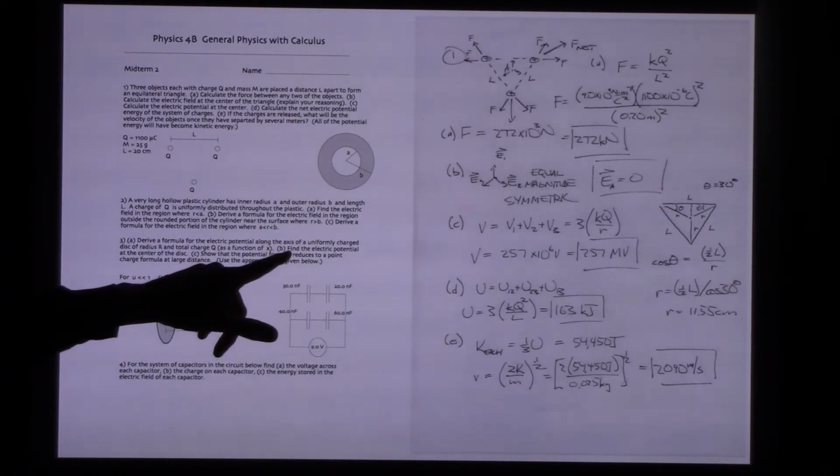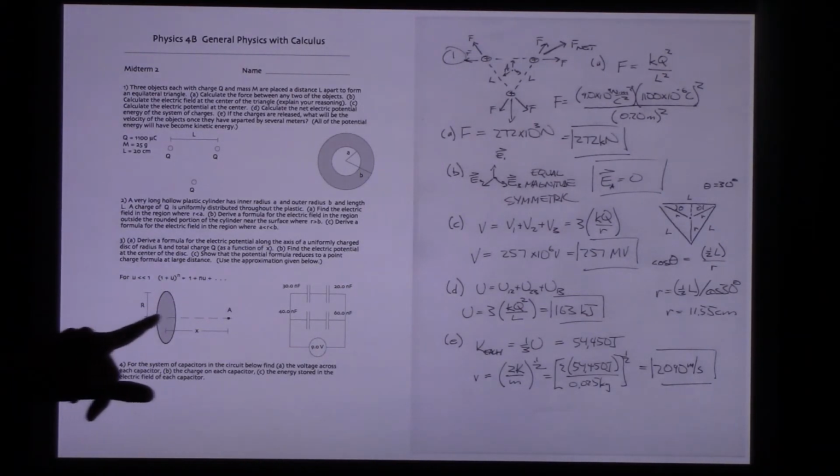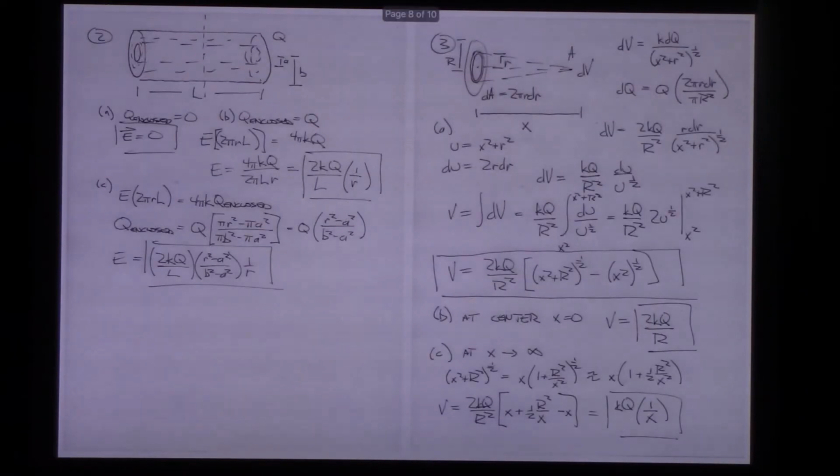So they're finding the electric potential at every location along the x-axis. It's not the electric field, they are doing the electric potential. As always, the good news here is that the electric potential is a scalar. So let's take a look at that.